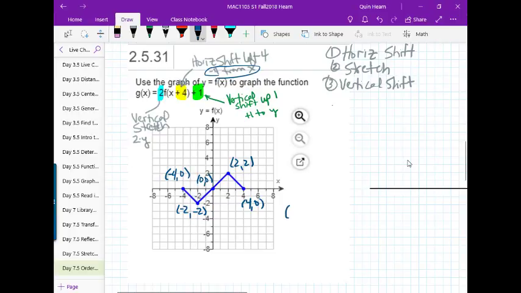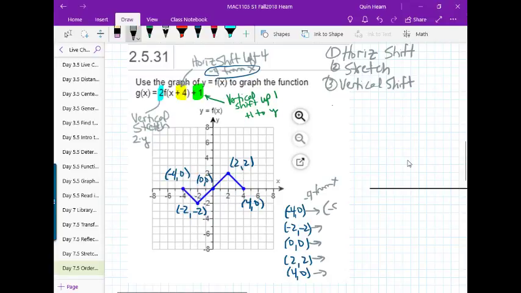So writing down my key points, (-4, 0), (-2, -2), (0, 0), (2, 2), and (4, 0). Let's see where they're going to go. All right, so we're subtracting 4 from each x.